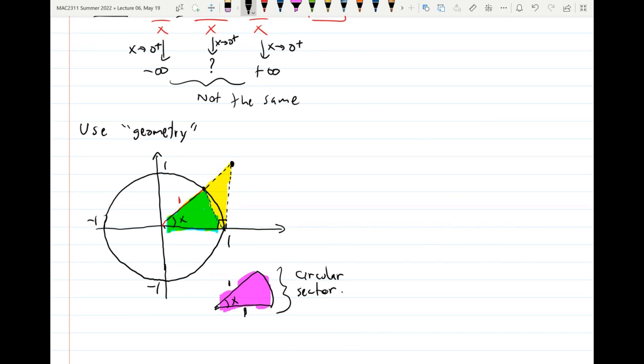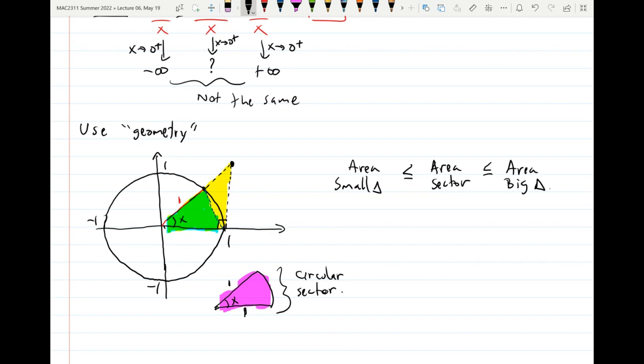So by looking at this picture, it's clear that the area of the small triangle is less than or equal to the area of the sector, which is less than or equal to the area of the big triangle. Okay, so that's an inequality that we get from geometry.